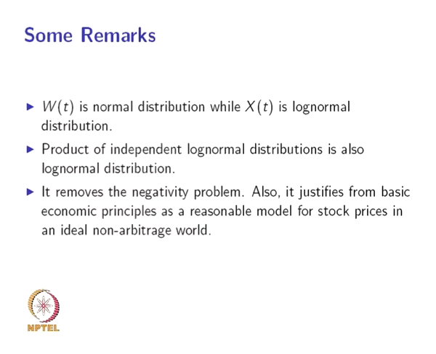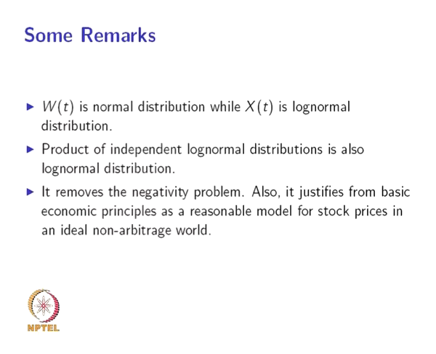The third remark: it removes the negativity property. The Brownian motion has the range minus infinity to infinity. Since we made X of t equal to X of 0 e power Wt, the range of Xt is 0 to infinity, so it removes the negativity property.